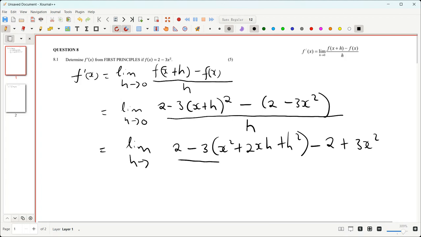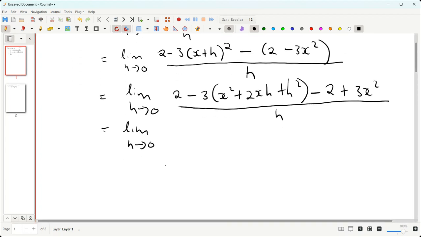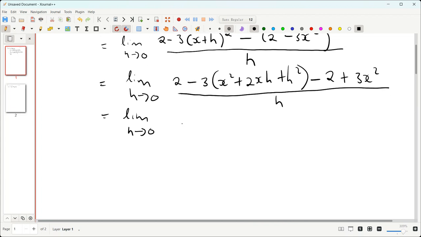And we should always remember to divide by h, as h tends to 0. So we keep on writing the limit as h tends to 0. As you've seen from the idea of a limit, you only stop writing the limit when you substitute h with 0.